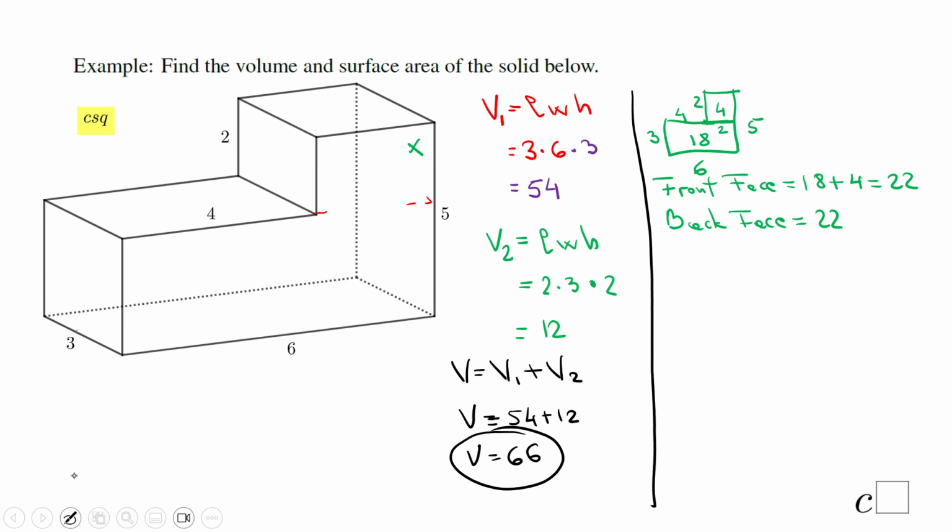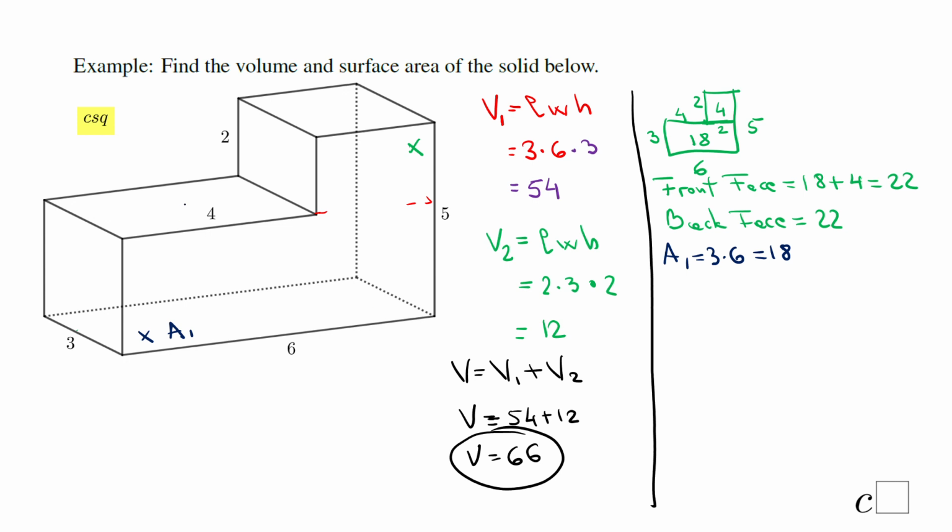We have, let's say, the bottom. This one, let me call this one A1, the bottom. That area will be 3 times 6, that will be 18. It's only one like that.